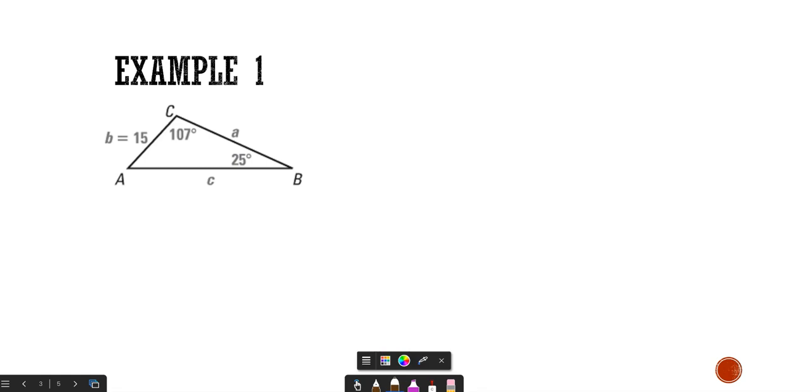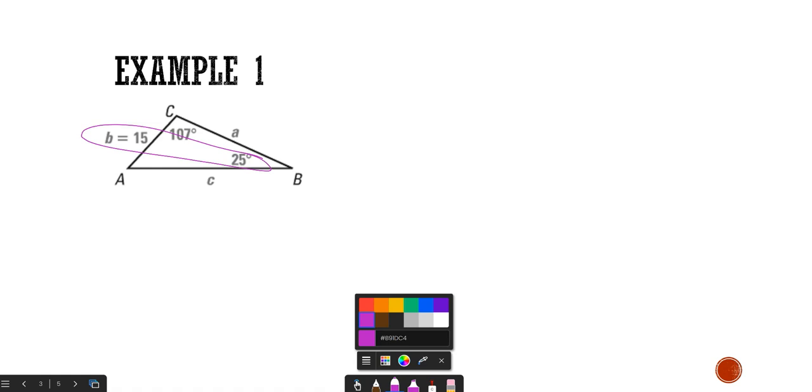So when we set up any proportion, we know that we can use 15 over sine of 25 degrees. Now the other thing here is that we have two different angles.